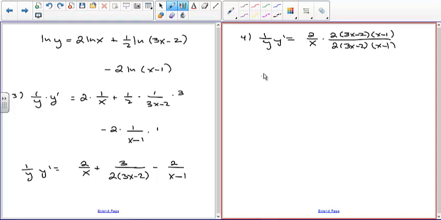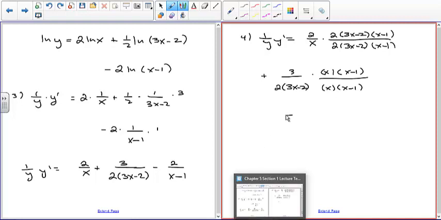Then I have the second term, which would be 3 over 2, sorry. The second term is 3 divided by 2 times 3x minus 2, and then multiplied by the other two denominators, like that. And then the final term is negative 2 over x minus 1 times the other two denominators, which is x times 3x minus 2 over x times 3x minus 2.